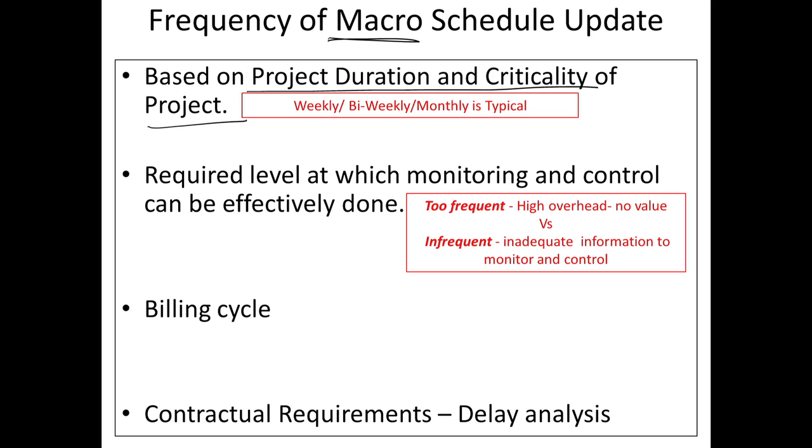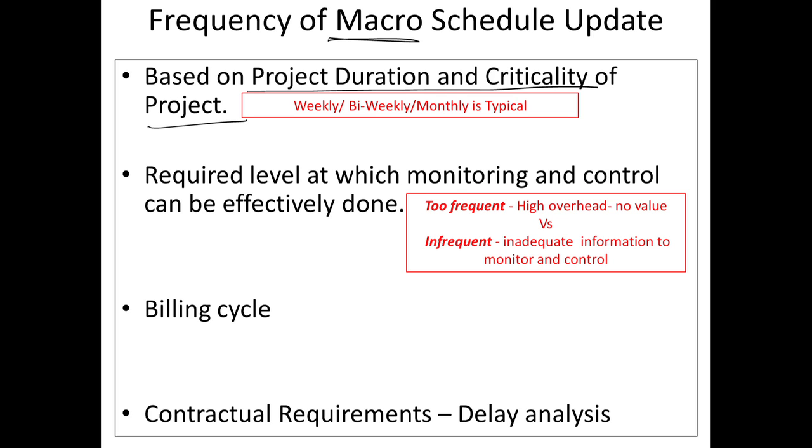Am I going to look at the GPS every few seconds? No, it is going to be too much of an overburden for me, but I should have the right time when I am looking at it, so that I can monitor my progress and take control actions. So, this would be critical in the way we are doing the monitoring cycle.